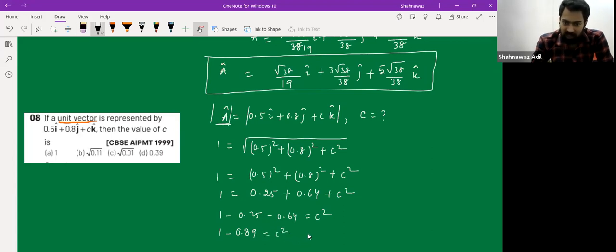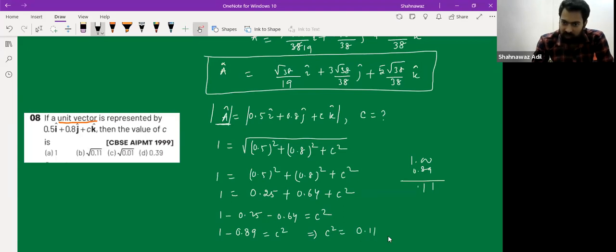So what would be the answer then? c square would be 1 minus 0.89. So how much is this? It is 0.11.